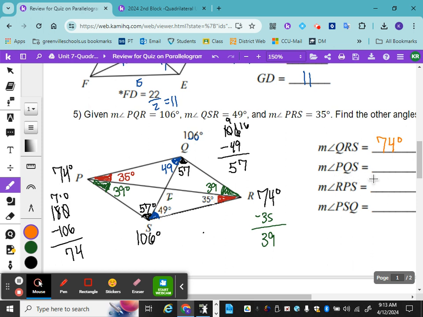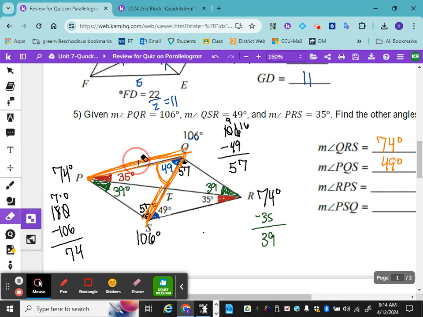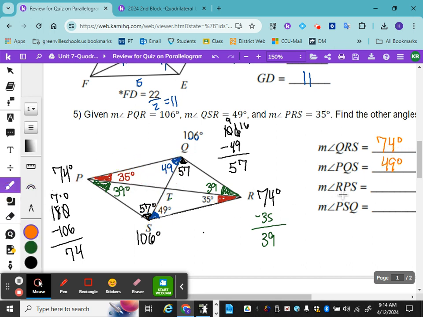All right, PQS, from P to Q to S. Connect your lines. 49. All right, RPS.